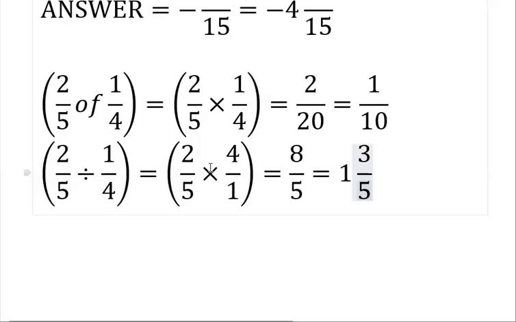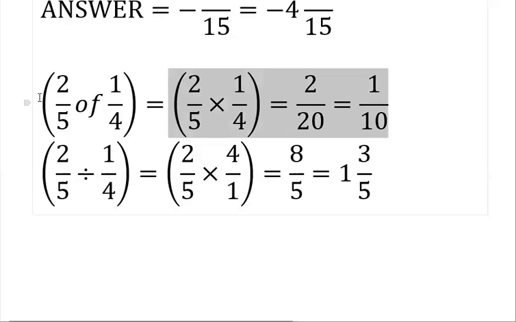Multiplication is just as simple as what we have here. Whenever you have a question like what we have here for multiplication, let's just copy it.